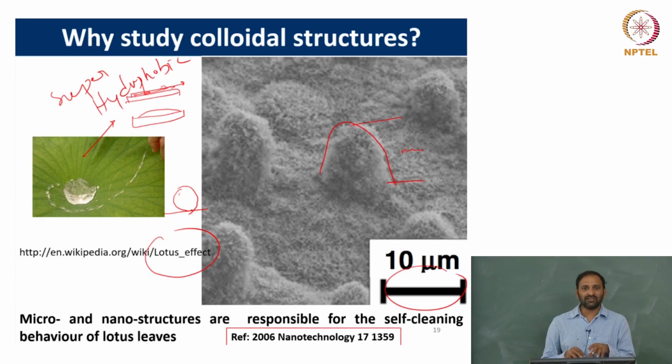A combination of this nanoscale and microscale roughness is what leads to the self-cleaning or super hydrophobic nature of lotus leaves. So there's a lot of interest in understanding nature, and then trying to come up with a way of creating such structures in the lab.